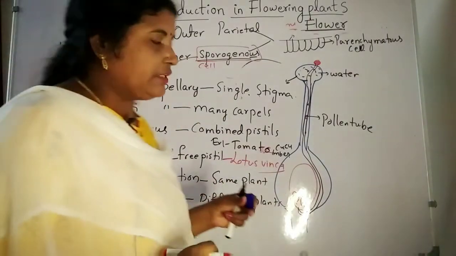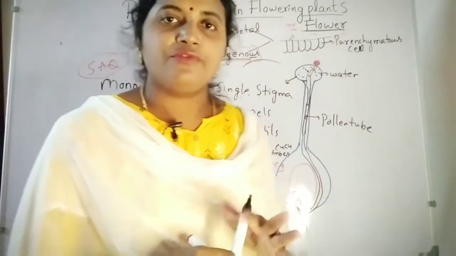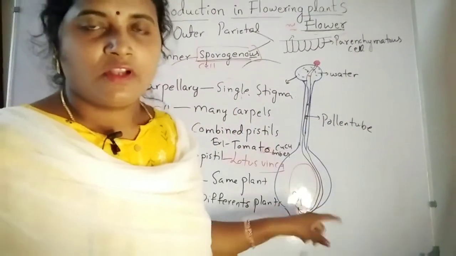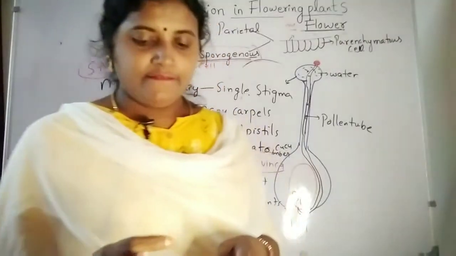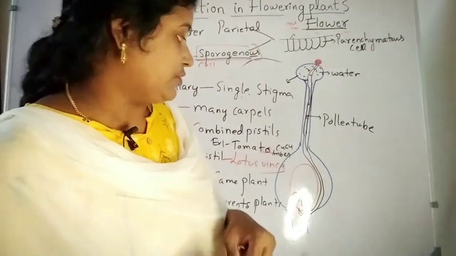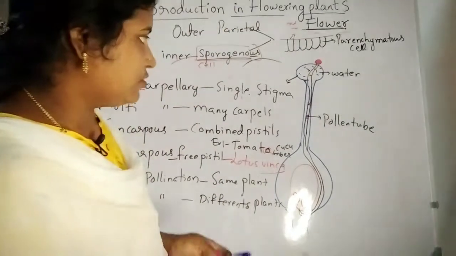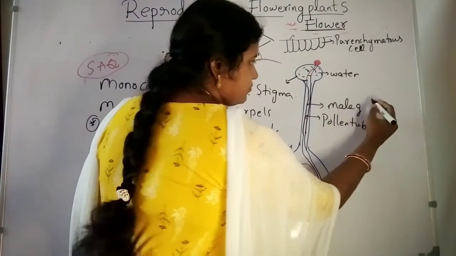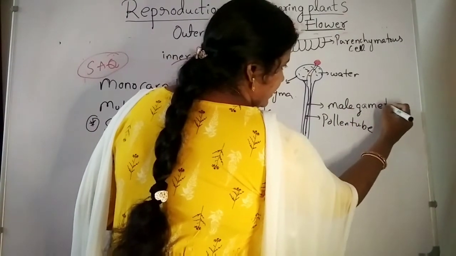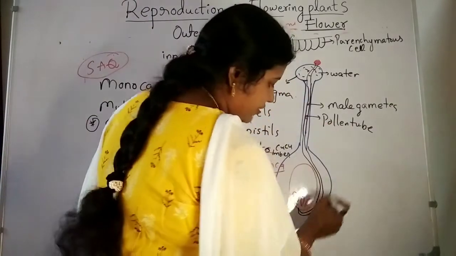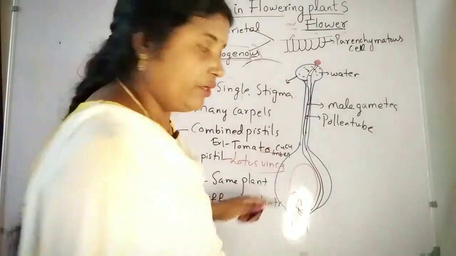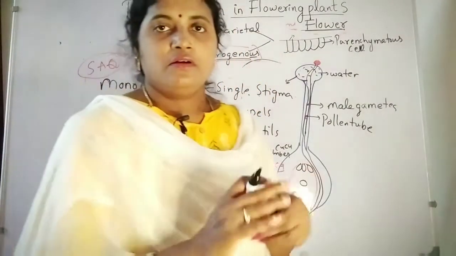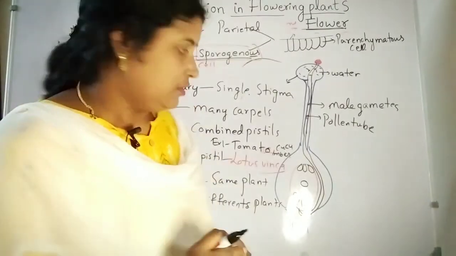Okay, so next, we have seen the pollination completed. Now the last step in the sexual reproduction, that is fertilization. In the fertilization process, male gametes reach the ovary through the pollen tube, which contains the female gametophyte.